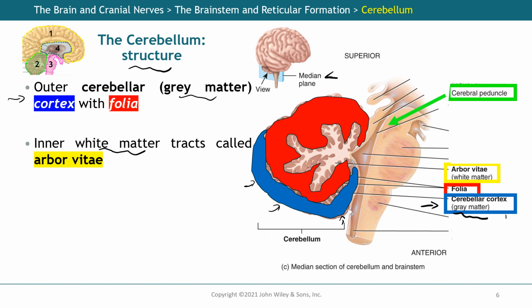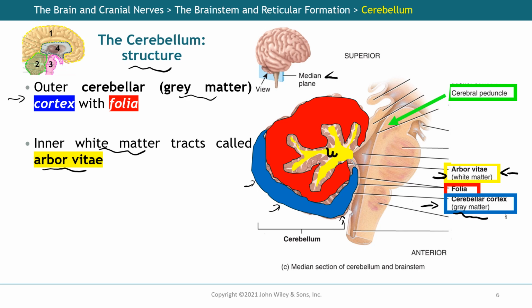Again, if you look here in yellow, your textbook really wants you to remember that section, the arbor vitae, or arbor vitae if you want to pronounce it in Latin or not. So you will have here in yellow those tracts.